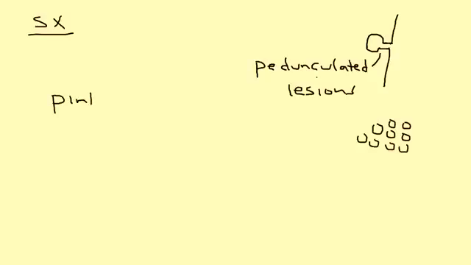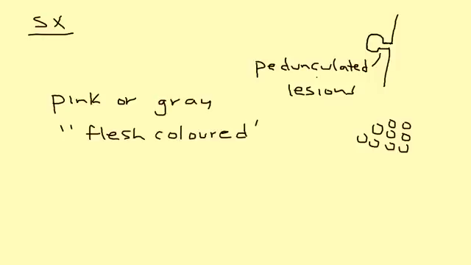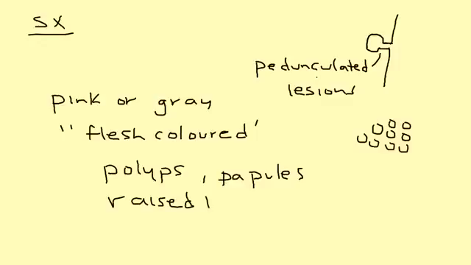And they're known to be various colors such as pink or gray, sometimes even described as flesh-colored. And they're described either as polyps or papules or raised lesions. All are appropriate ways of describing them.